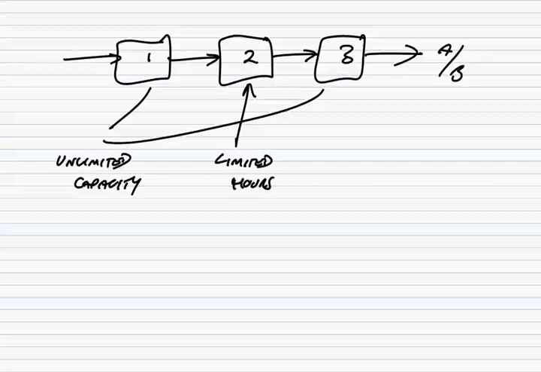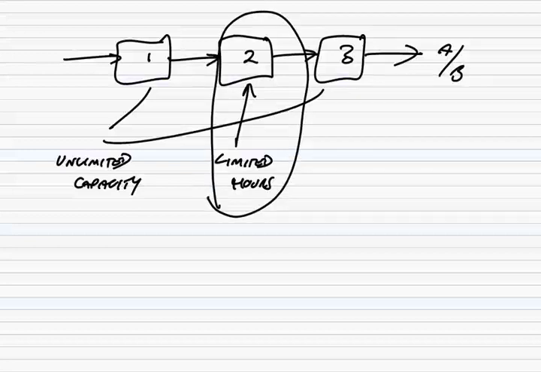Well, when you do have that situation, which I think you'd agree in real life is reasonably likely, whatever's causing the problem, machines 1 and 3, unlimited is unrealistic, but perhaps they can produce far more, but it's machine 2 that's blocking us, that's slowing us down. We call it a bottleneck resource.